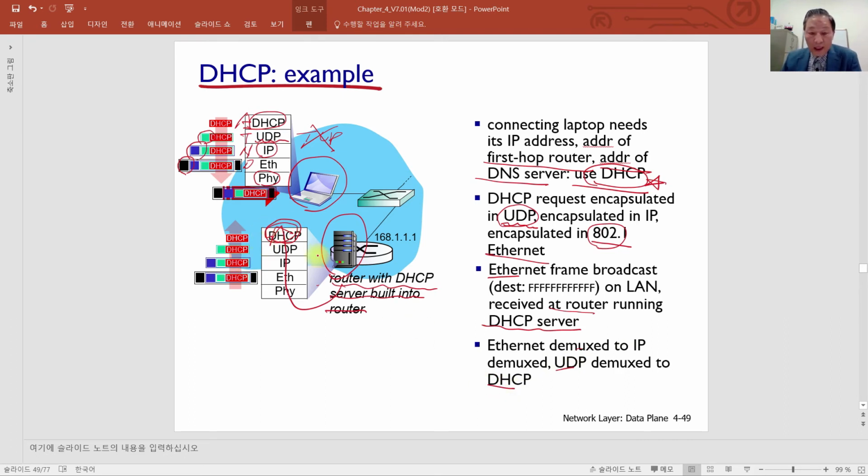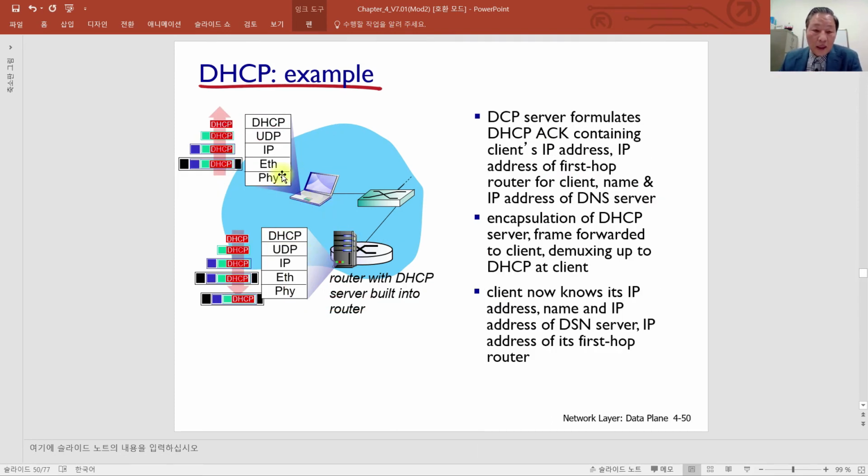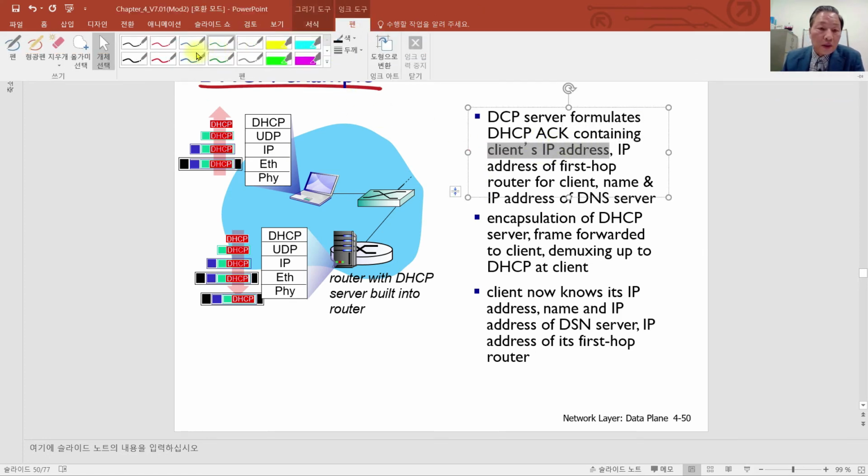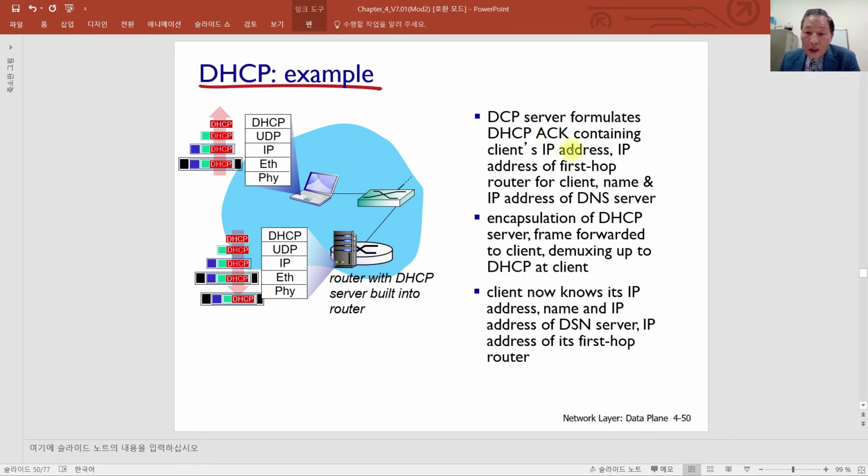Then the DHCP server formulates the DHCP acknowledgment, containing the client IP address, the IP address of the first hop or gateway router for the client, and DNS server information, and sends it back.